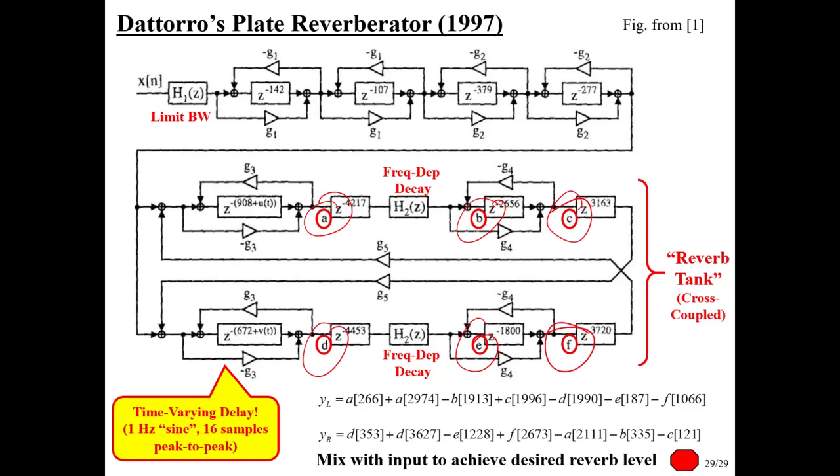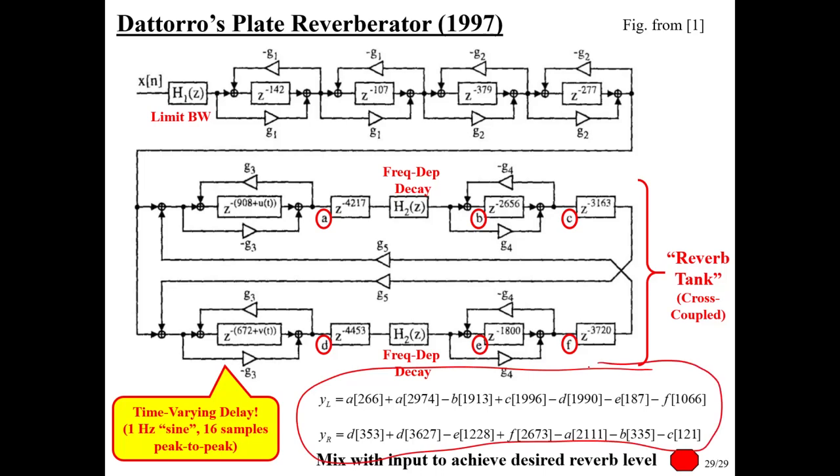I added some red circles there to call those out. The outputs, both left and right, so this was a stereo implementation, are just tapped off from these positions. So A in two different time positions. I'm getting a little loose with the notation here because I needed to squeeze it into this time here.